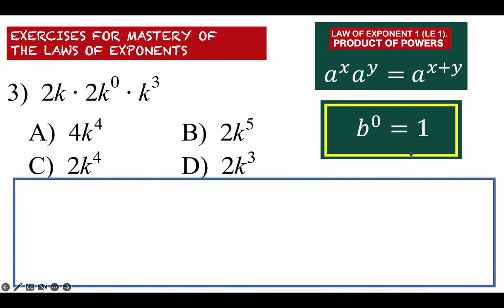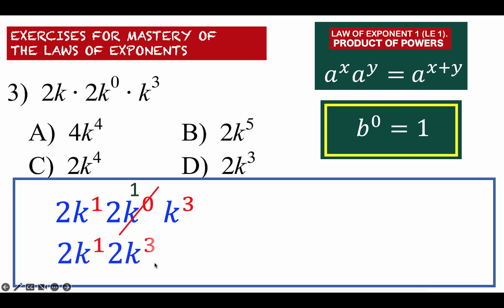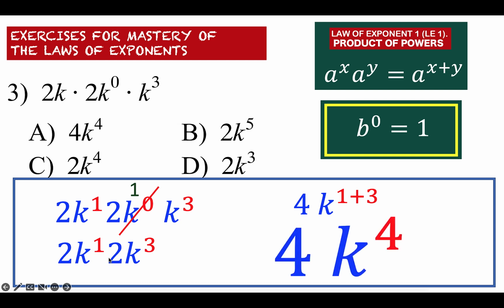I placed an exponent 1 here, since you know that k has an exponent of 1. Let's address the zero exponent first. Any number raised to 0 is 1, so it is replaced by 1. Now let's apply law of exponent number 1: multiply the numerical coefficient 2 times 2 equals 4, copy the common base k and add the exponent 1 plus 3 to get exponent 4. So the final answer is letter A.